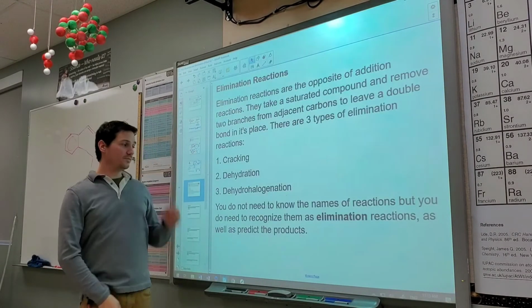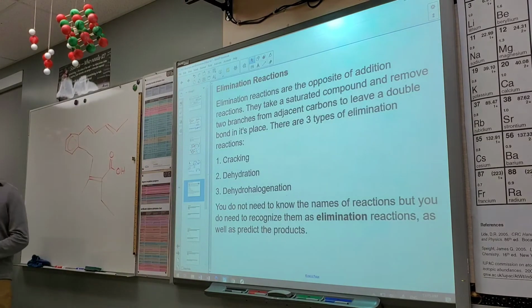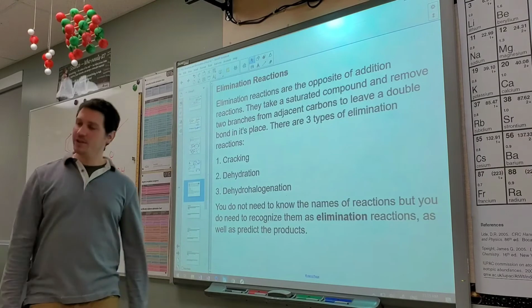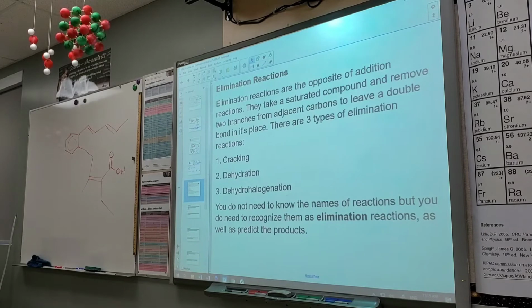Okay, now we're getting to the most important part of today. Elimination reactions. This is reaction number 3, the third type of reaction out of 6 reactions that we have to cover in this unit. And again, I want to be very clear. The reactions and identifying functional groups are the most important part of this organic chemistry unit.